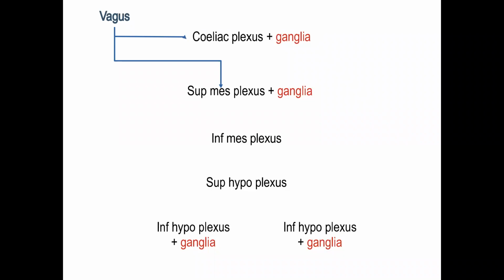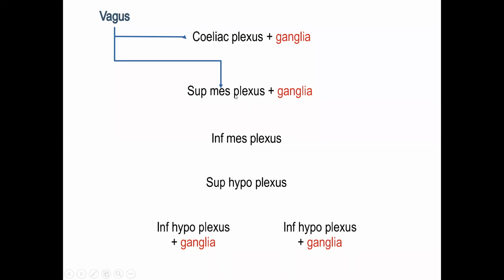The vagus nerve passes through the celiac plexus as a preganglionic fiber, which is myelinated, accompanies the celiac trunk and supplies the abdominal part of the foregut. The vagus nerve also gives a branch to the superior mesenteric plexus. Actually, the celiac plexus itself joins the superior mesenteric plexus.